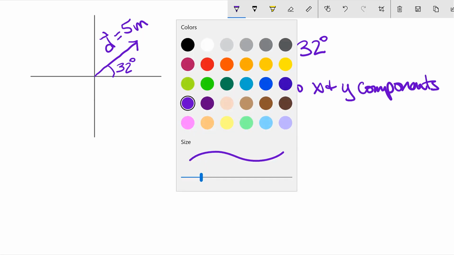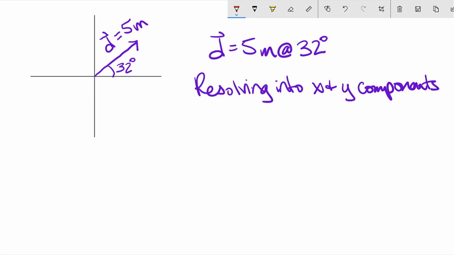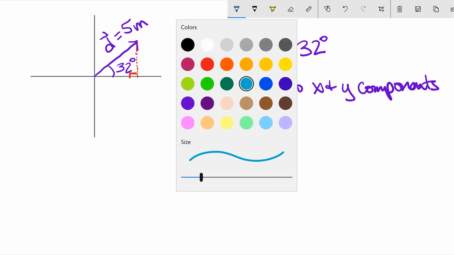Okay, so I'm going to change my color here. What we're going to do is drop down from the end of this vector right here, so that we're making a right triangle with the x-axis. I'm going to pick a different color and make this pen a little bit thicker.